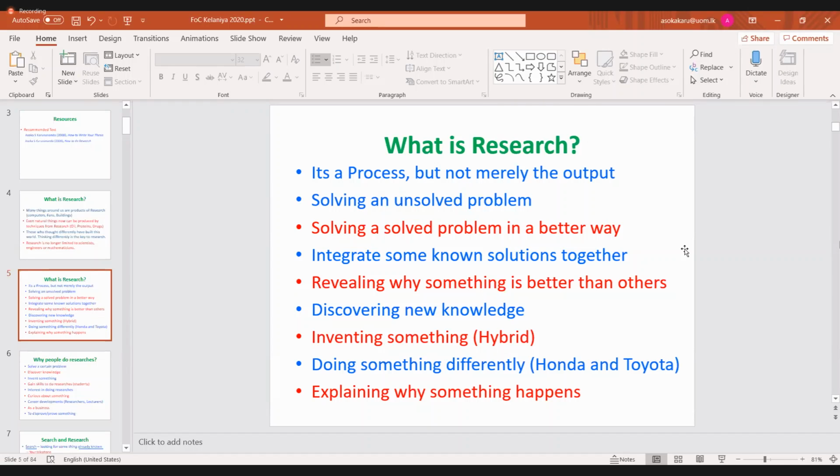Then if you have Bernoulli's theorem and Faraday's law together, you can develop an electric fan at home. Okay. So better to write down this example that I am telling. Integrate some known solutions together. Faraday's theory and Bernoulli's theory, electric fan. Thomson-Joule effect and Faraday's theory, air conditioner.